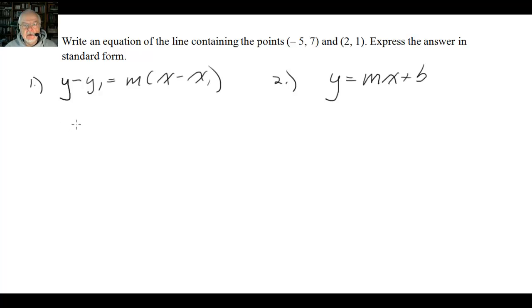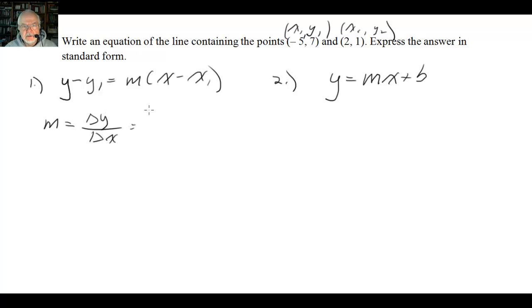In any case, all right, so let's label this x1, y1. Remember, it doesn't really matter which one I pick. And this one, I'm going to label x2, y2. All right, so I start with slope. m equals the change in y over the change in x.